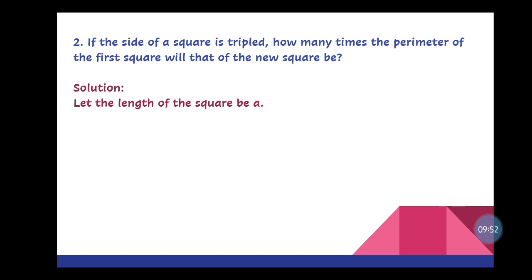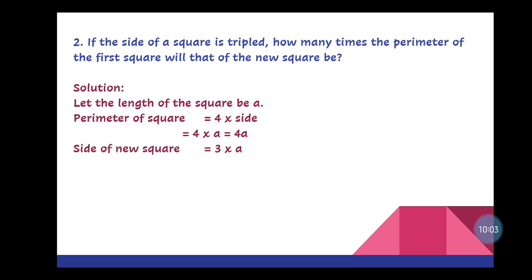Let the side of a square be A. Perimeter of a square is equal to 4 into side, that is 4 into A, that is 4A. Now we have a new square. The side of the new square will be 3 into A because we are tripling it, so 3A.